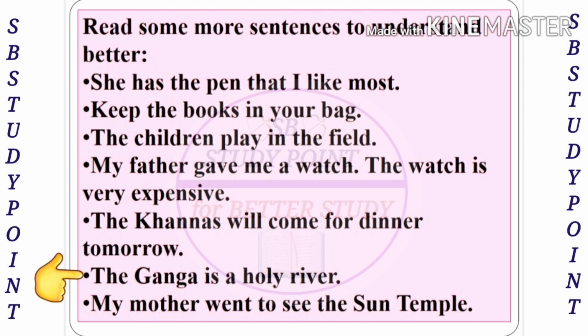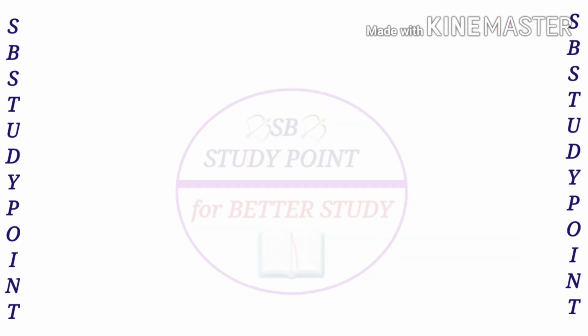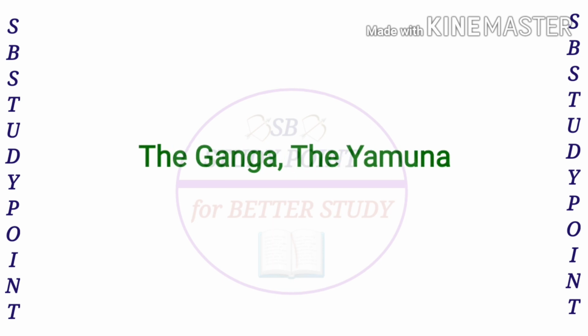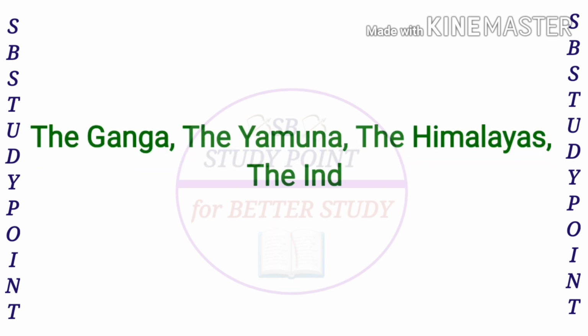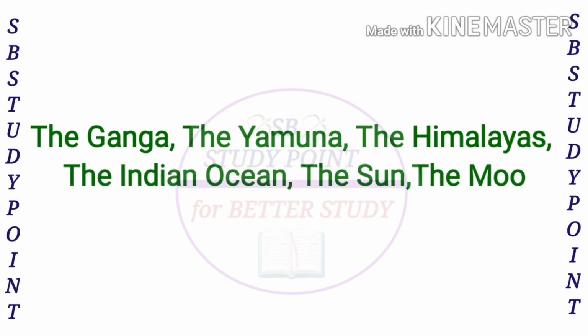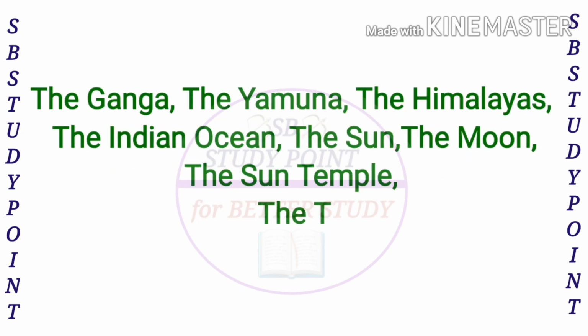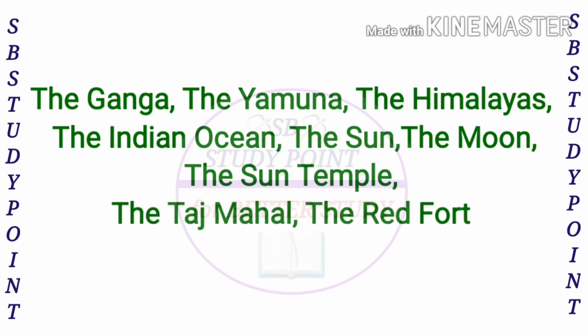We use the before the names of oceans, rivers, mountains, historical monuments and special things which are only one in the world. For example, we always say the Ganga, the Yamuna, the Himalayas, the Indian Ocean, the sun, the moon, the Sun Temple, the Taj Mahal, the Red Fort, and so on.